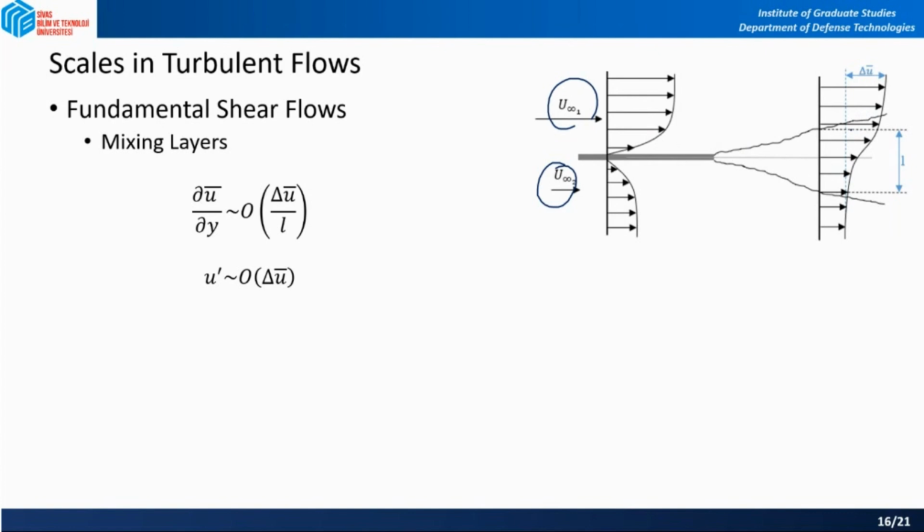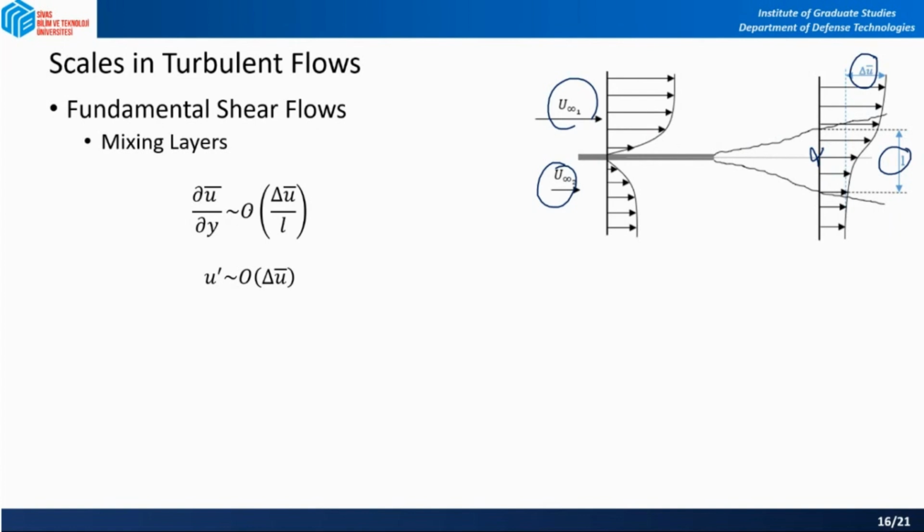In this case, again, there is a certain length associated with this mixing layer. We call it again L. Also there is the velocity difference between the high and low momentum flows at each x location. So again, you can write the same thing for the mixing layer.